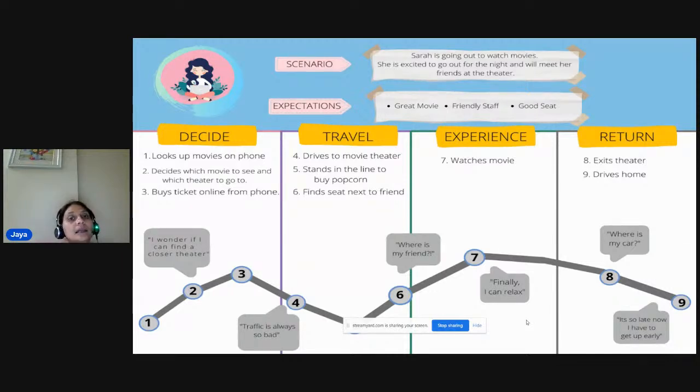So these are the pointers when she is trying to book movie tickets for her friends. But what is expected in these four points is a great movie, friendly staff, and a good seat, which I was trying to explain in the experience segment. That is what we all require.